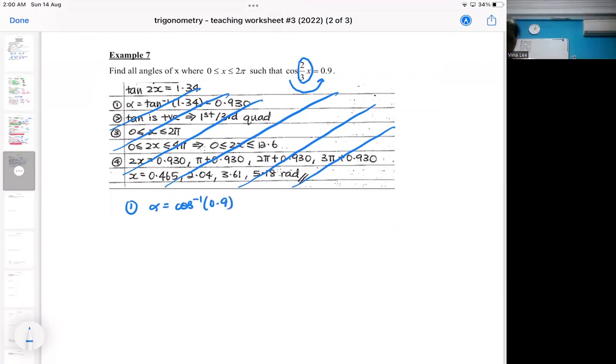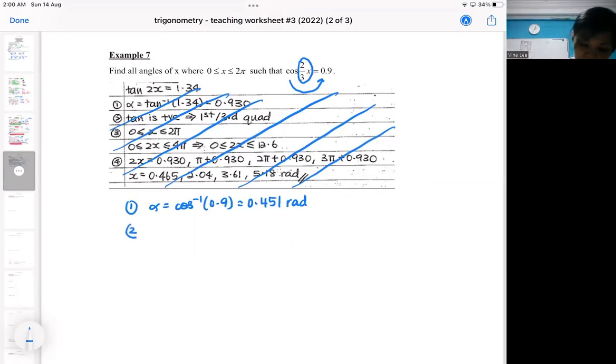Let me get my calculator. Okay, do it in radian mode. Cosine inverse 0.9. Okay, you will get 0.451 radian. Okay, you can write more decimal places. I actually store it in the memory of my calculator.